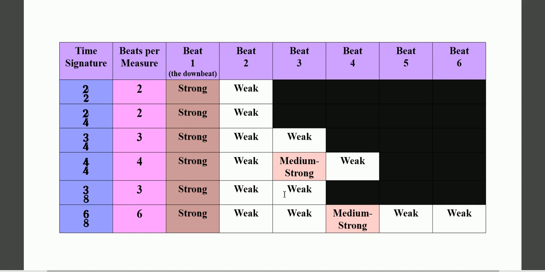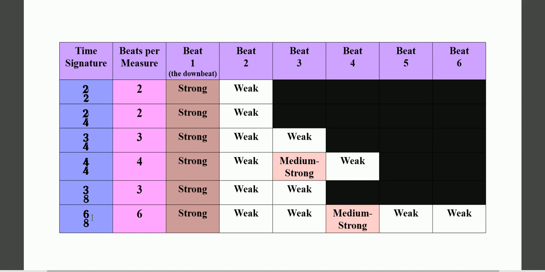Things change up just a little bit when we get into 4/4 time. That's 4 beats per measure, and the quarter note gets the beat. In that case, we have a 4th beat, and that third beat actually becomes medium strong. And you can imagine why, because if you had a piece of music where you had 1 strong note and then 3 weak notes, it would potentially get a little bit boring in a rhythmic sense, sort of tedious.